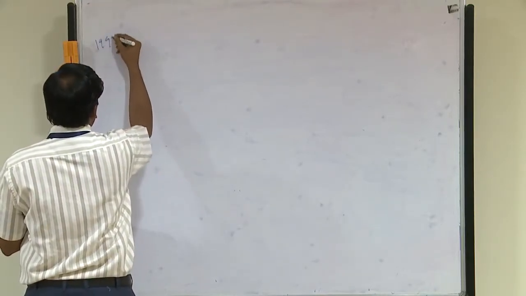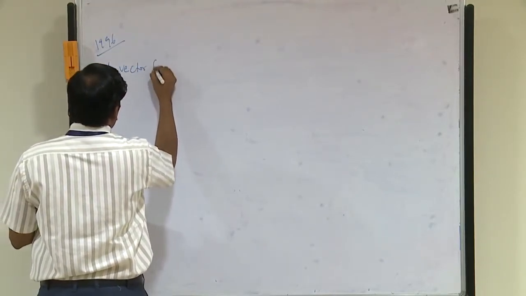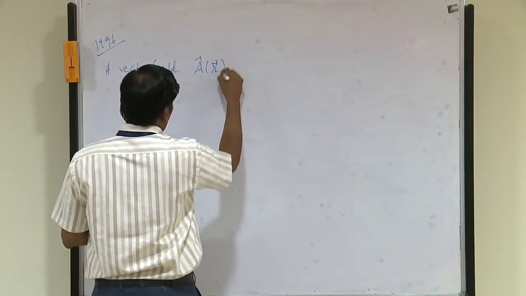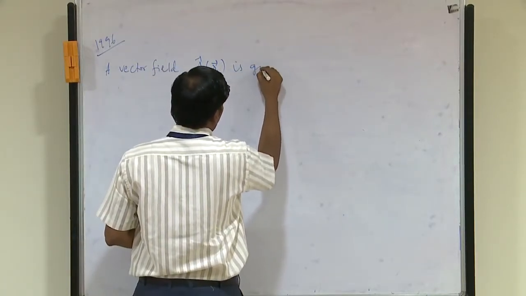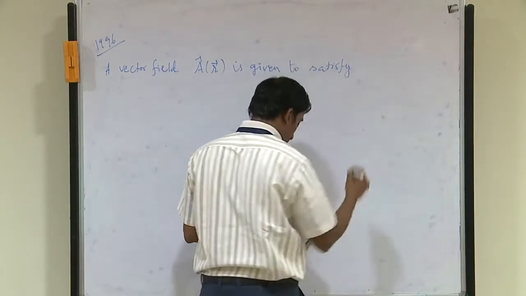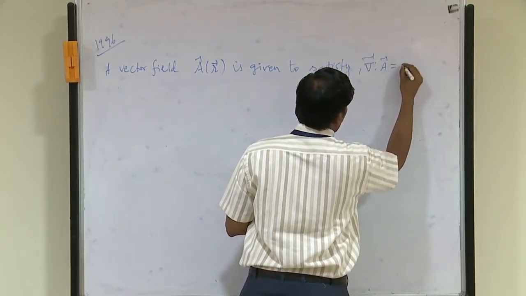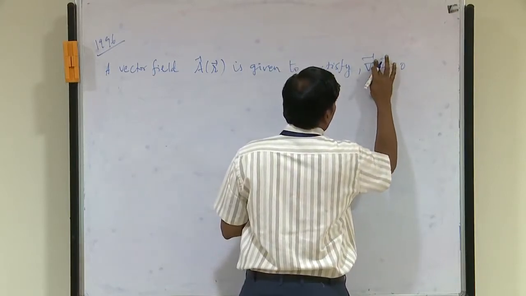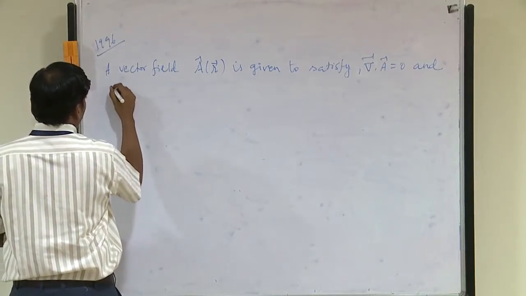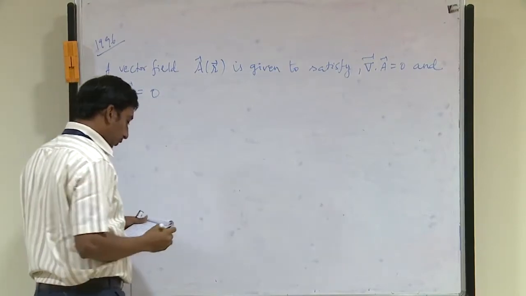So this is a 1996 problem. A vector field A of R is given to satisfy divergence of A equal to 0 and Laplacian del square A of the vector field is equal to 0.